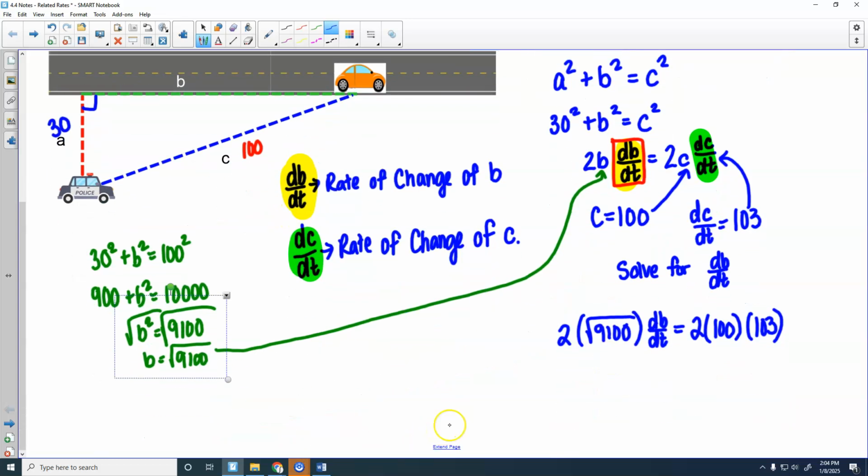And to solve for dB/dt, we'll just need to divide by 2 square root of 9,100. If I want to, I could cancel those 2's right there to make it easier, and we're going to reach for our calculator here because that's not going to be an easy number.